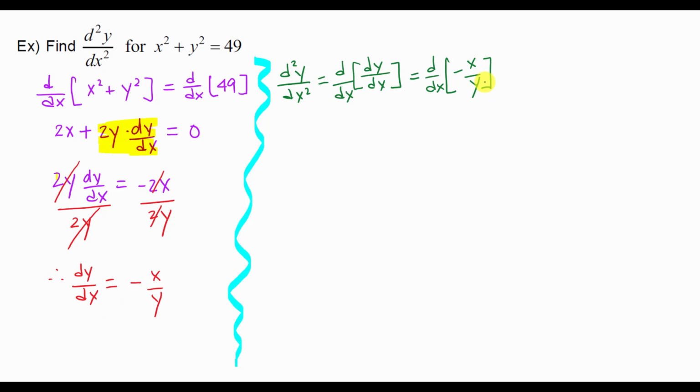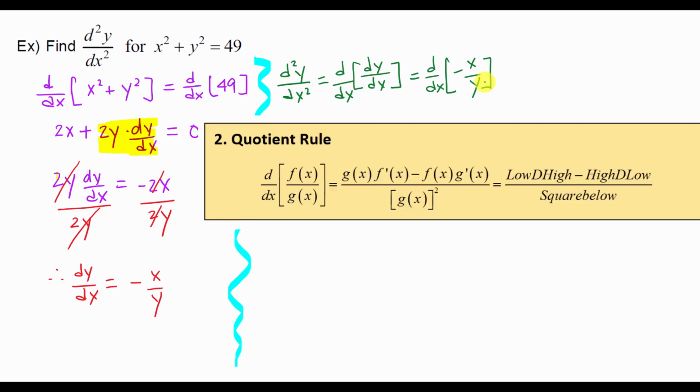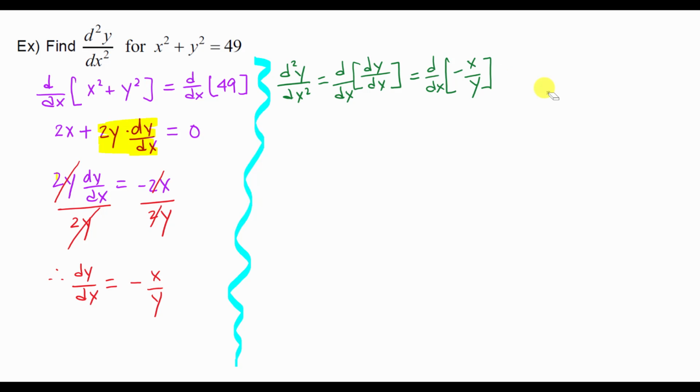But this is a quotient, right? So to take the derivative of that, you need to use the quotient rule. So what was the quotient rule? Recall? The quotient rule was low d high minus high d low over square below. Remember? So let's go ahead and do that.